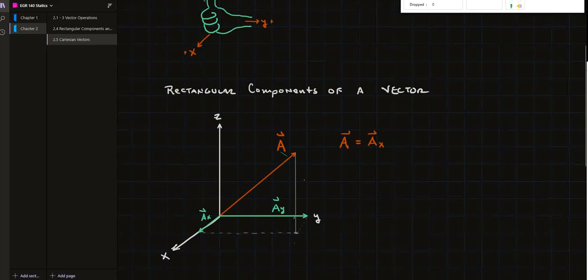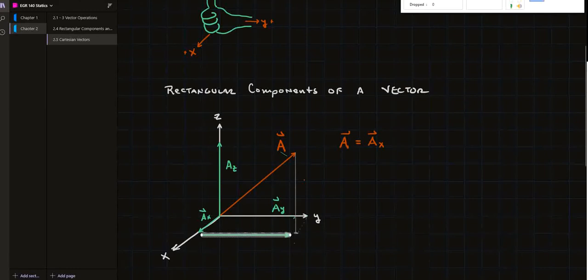Here we go up into the z direction. So this is AZ. And you can think of this as though we actually follow these mutually perpendicular paths.